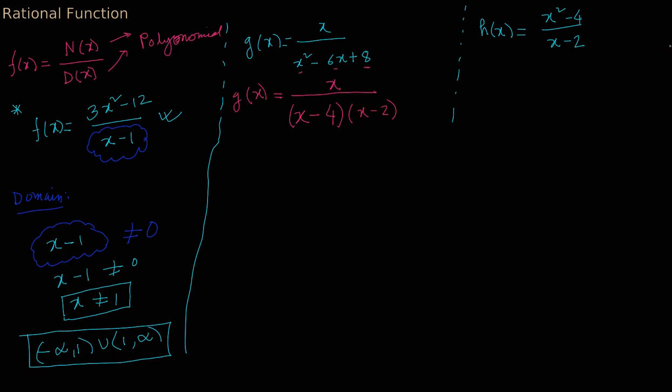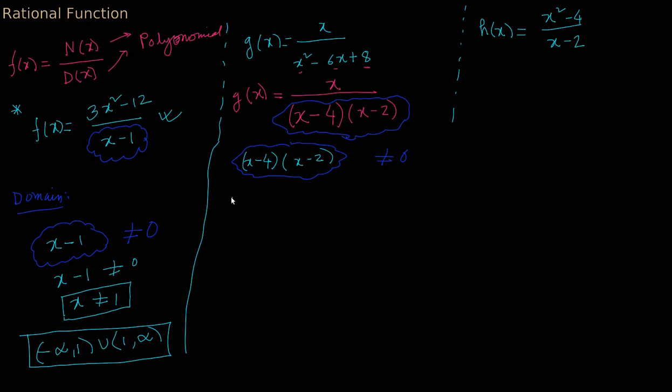As before, we know that my denominator cannot be equal to 0, so (x minus 4) multiplied by (x minus 2) cannot be 0.